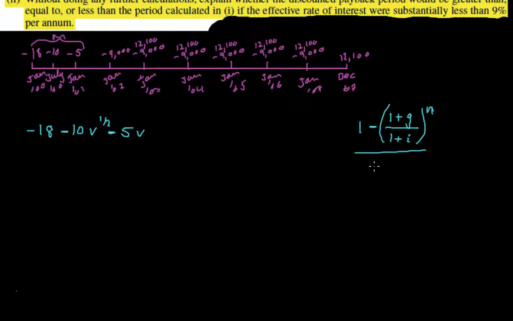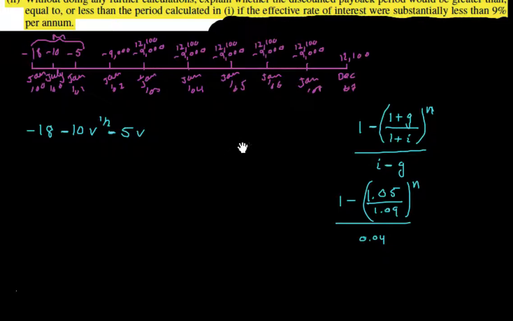And then we're dividing that all by the interest rate minus the growth rate over here. So in actual fact, how it's going to look for us is going to be 1 minus 1.05 divided by 1.09, which they've given us, to the power of n, divided by 0.09 minus 0.05 is 0.04. And that's what we're going to be needing over here.